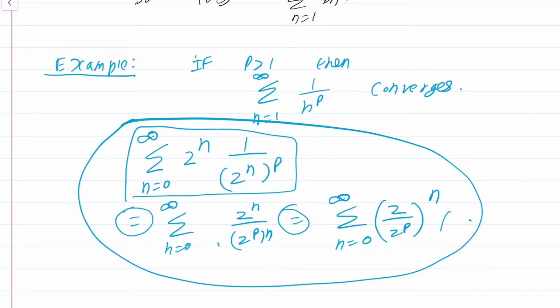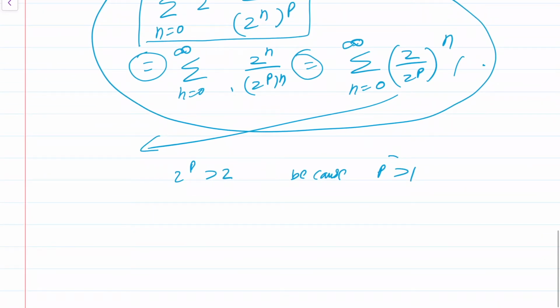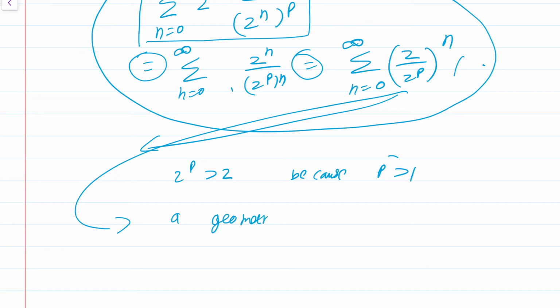Okay. Now, coming back, we have (2 by 2 power p) power n. Why is this helpful? Well, 2 power p is strictly greater than 2 because p is greater than 1. So, because of that, this just becomes a geometric series. It becomes a geometric series with first term 1, because n is 0, first term 1, and common ratio r equals 2 by 2 power p.